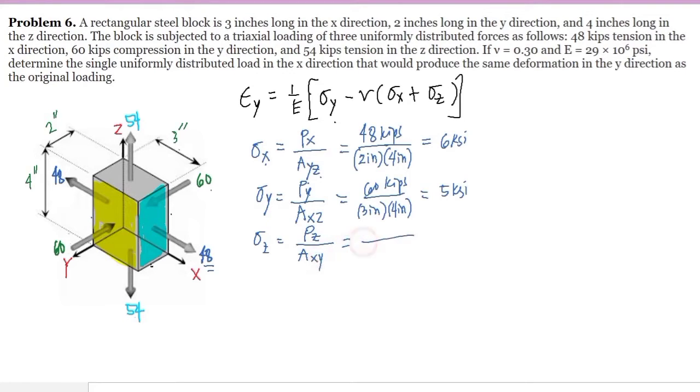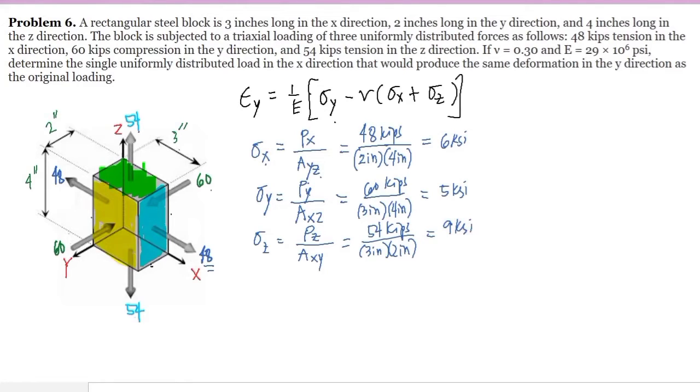Here Pz is equal to 54 kips, and the area perpendicular to 54 is 3 by 2, so 3 inches by 2 inches. We have 54 divided by 6, so that is 9 ksi.